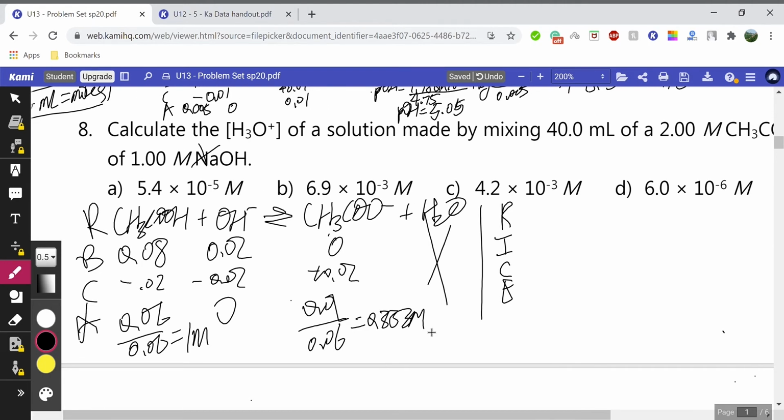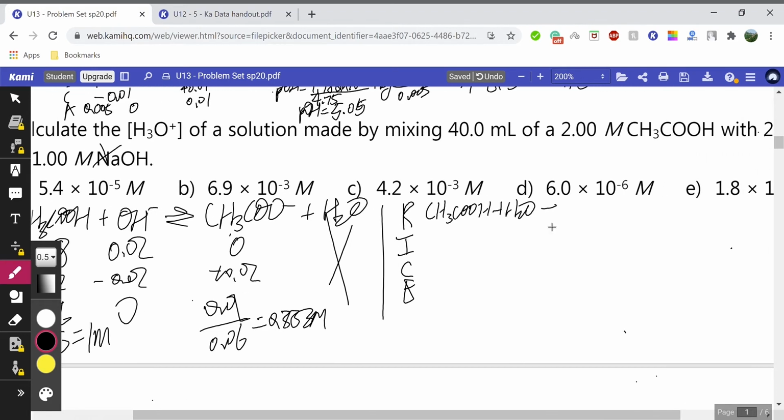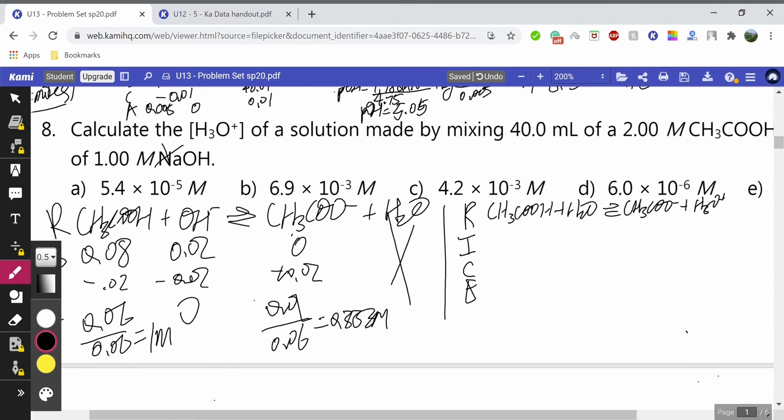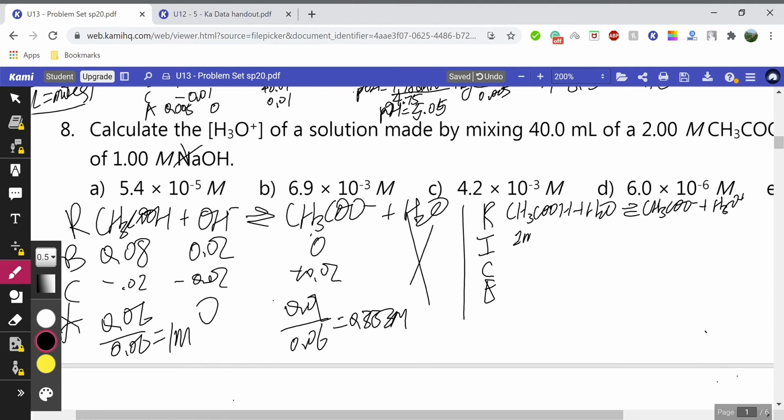So our new reaction will be CH3COOH plus H2O. Our reactant remains a reactant, and this time it will produce CH3COO minus plus H3O plus. And now we plug the concentrations in. This will be 1 molar, and this will be 0.333 molar, and it will be 0 to start off with.